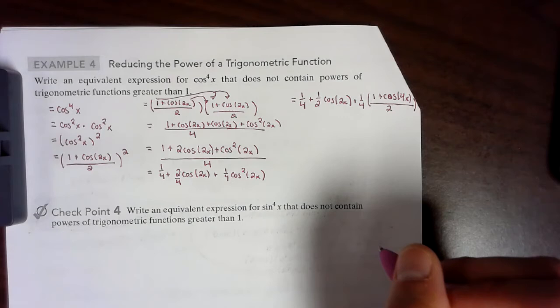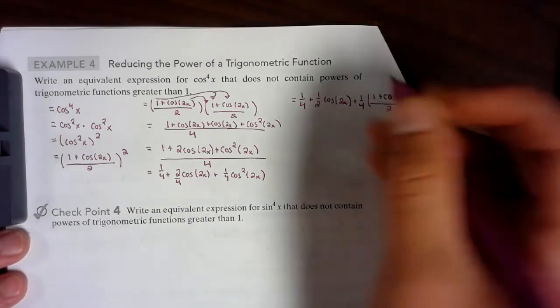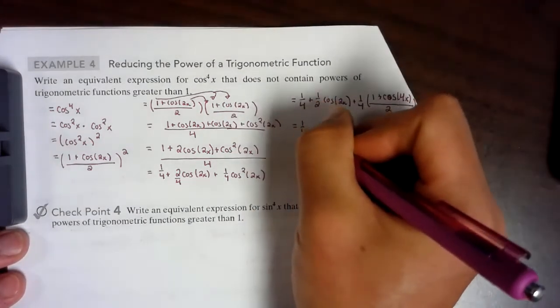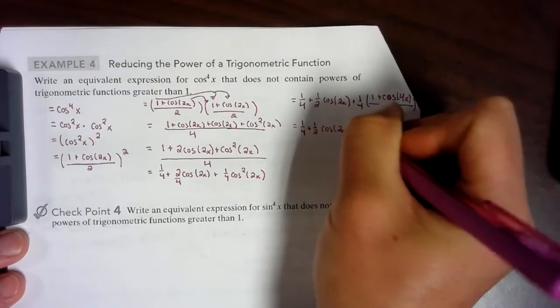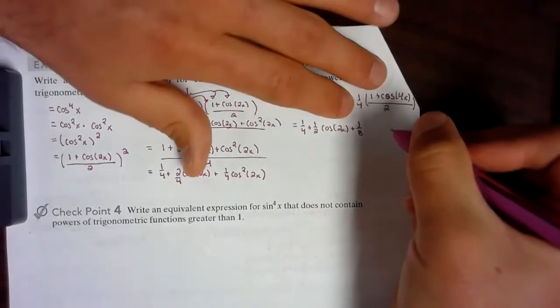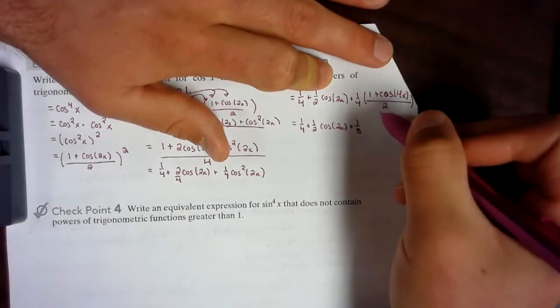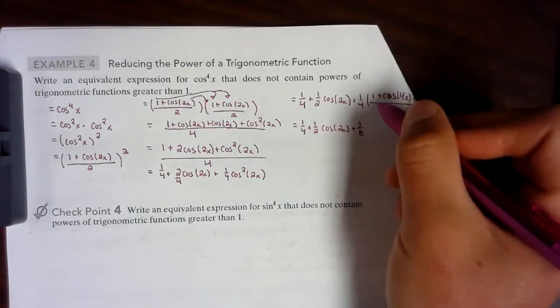Right, and the last thing that we need to do, well, 2 more things, is let's go ahead and multiply this fraction here. So that works out to be 1/4, 1/2 cosine of 2x, so nothing changes there. And this is actually 1/8. So really what I'm doing is 2 things. I'm distributing the 1/4.